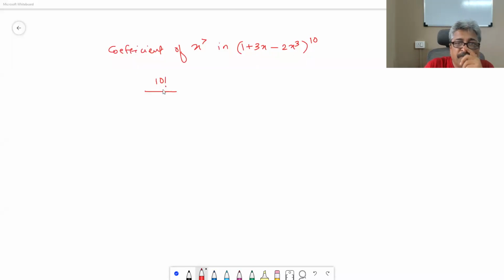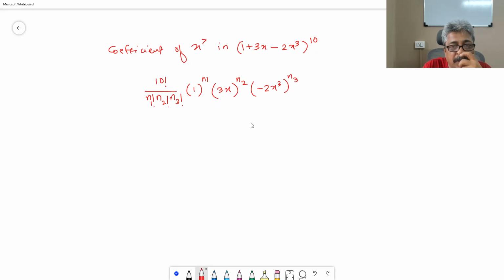So if we want to find out the coefficient of x raised to 7, power is 10, therefore 10 factorial divided by n1 factorial into n2 factorial into n3 factorial into 1 raised to n1 into 3x raised to n2 and minus 2x cube raised to n3.